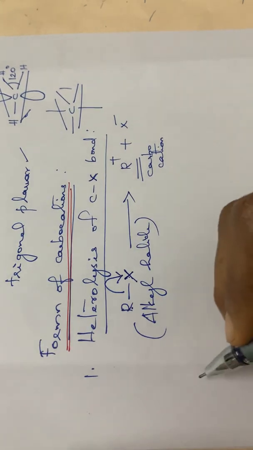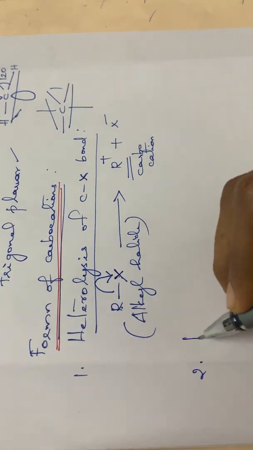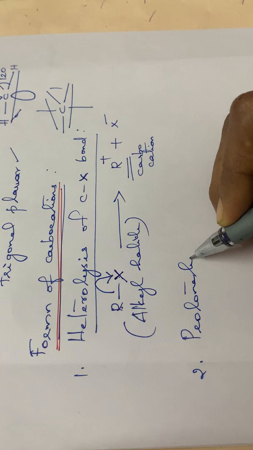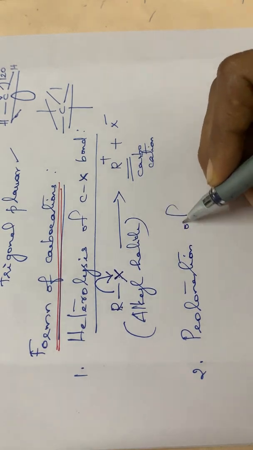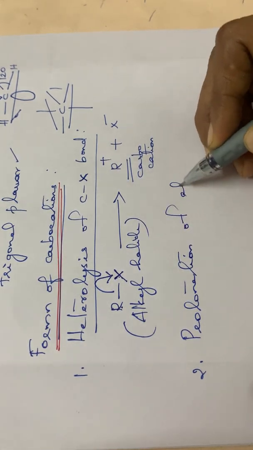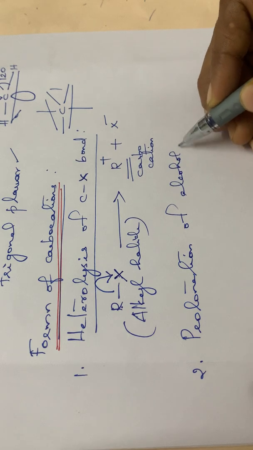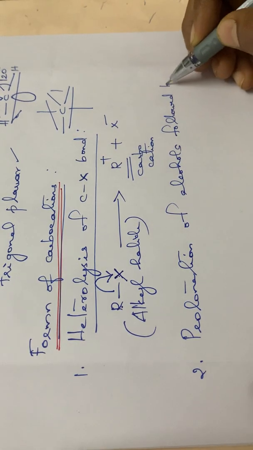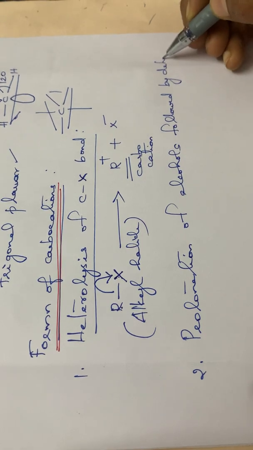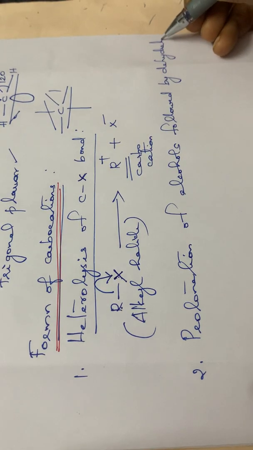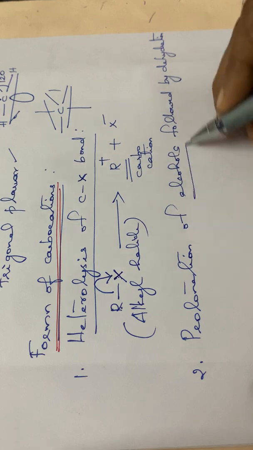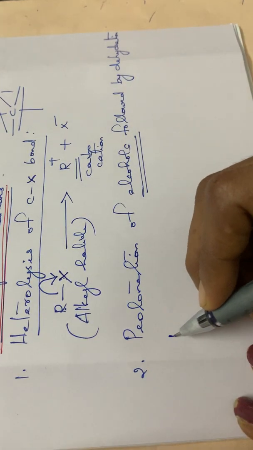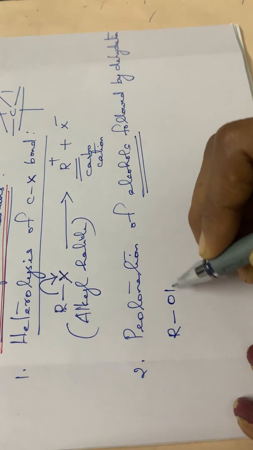Then the second method is the protonation of alcohols followed by dehydration. Alcohols have the general formula ROH.